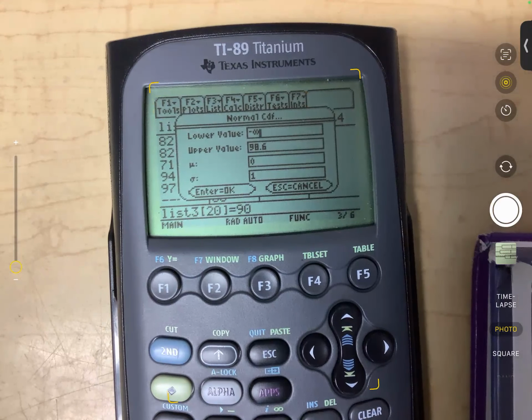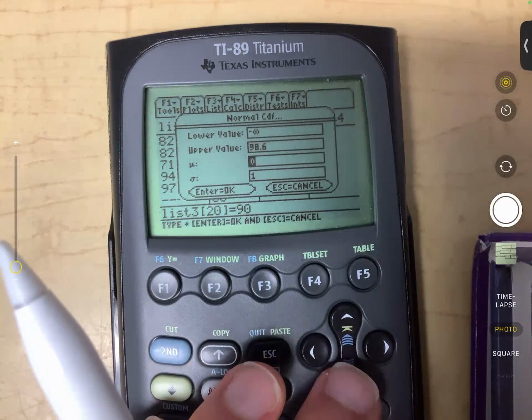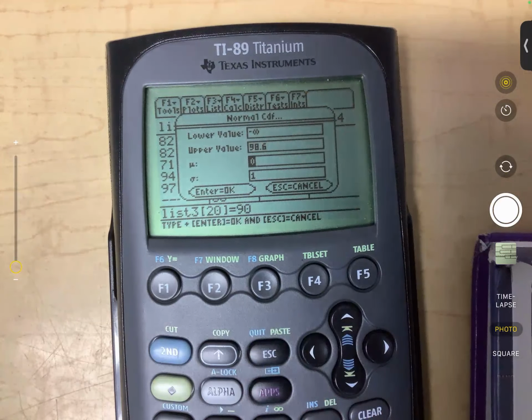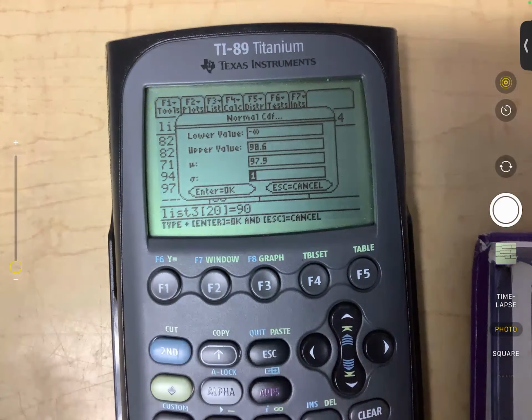And next, I want to put in the mean and the standard deviation from the prompt. So I believe it was 97.9 as a mean, and then we had the 0.65 as a standard deviation.